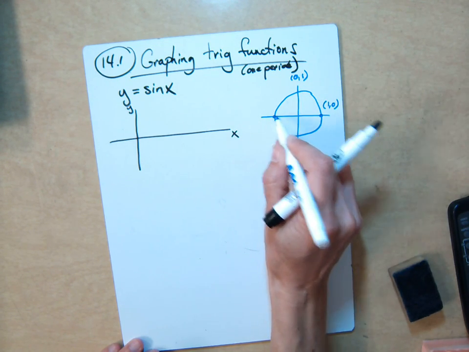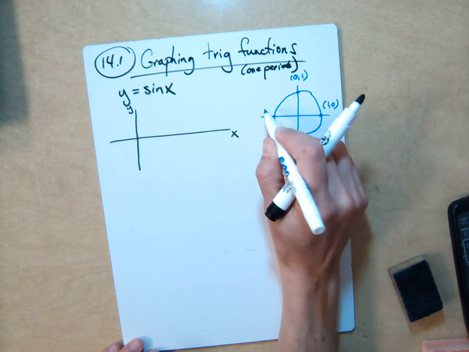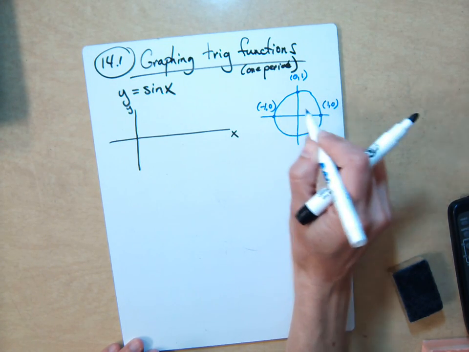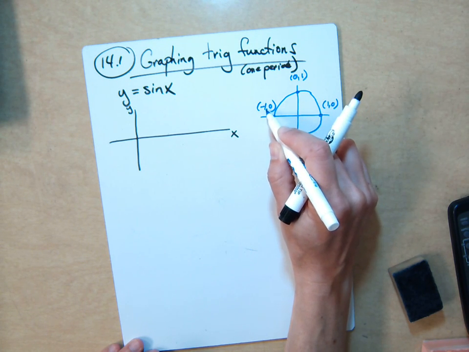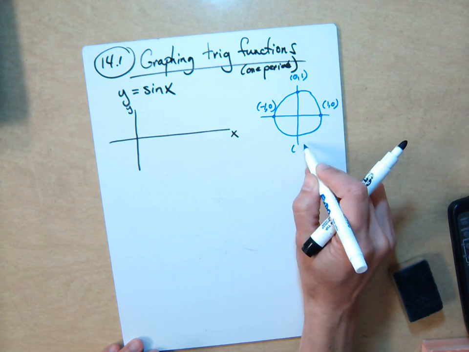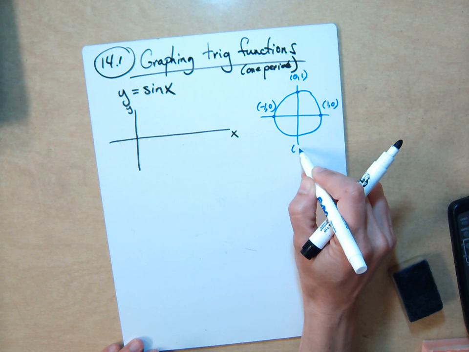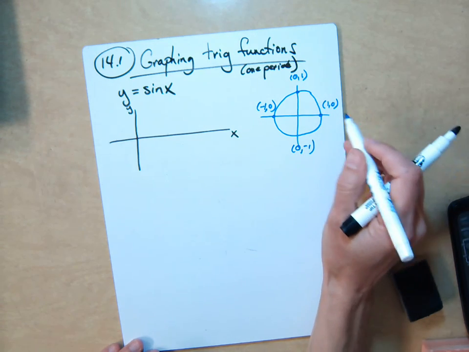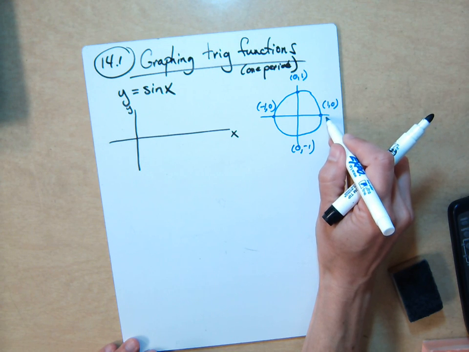What are the coordinates here? 0, -1, right? Because from the origin, you move to the left 1, up 0. And what are the coordinates here? 0, -1, right? And in radians, this is 0 radians.